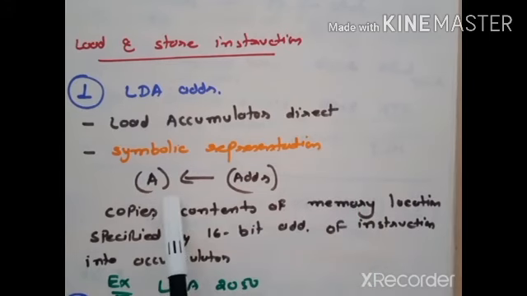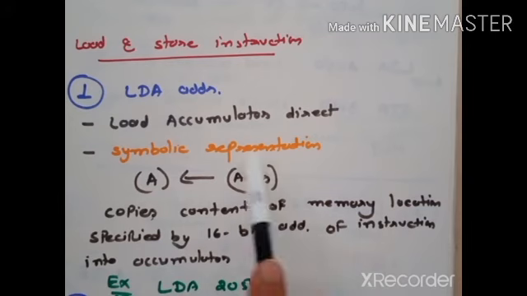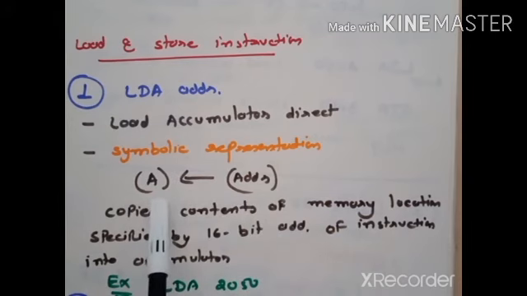Symbolic representation: the content of this address is transferred to the accumulator. It copies the content of the memory location specified by the 16-bit address of this instruction into the accumulator. Example: LDA 2050, meaning the content of 2050 is transferred to the accumulator.